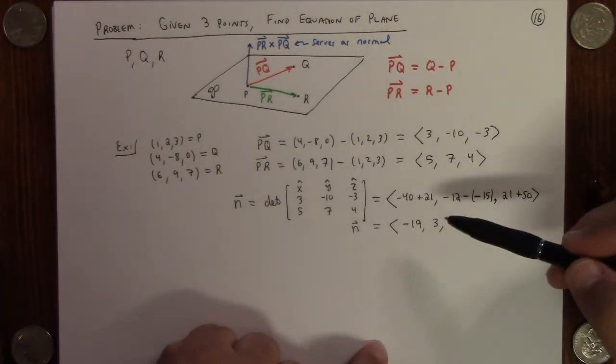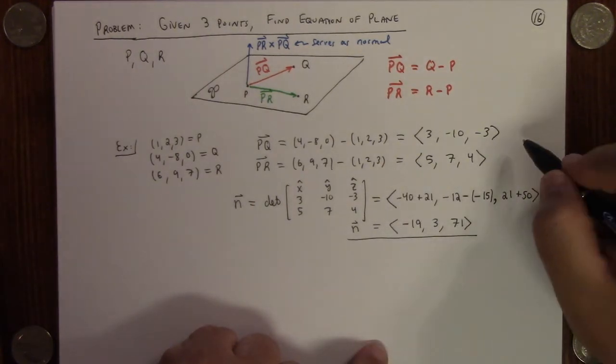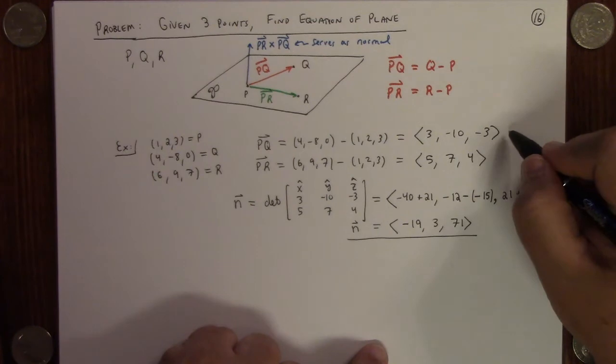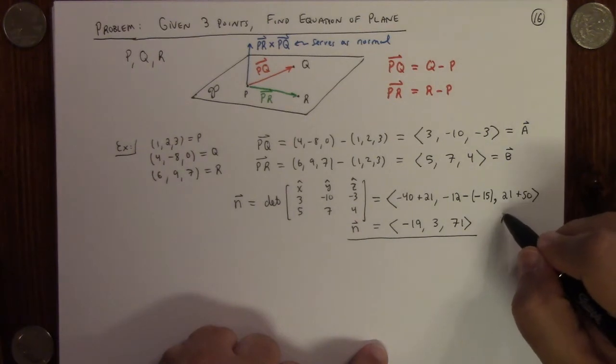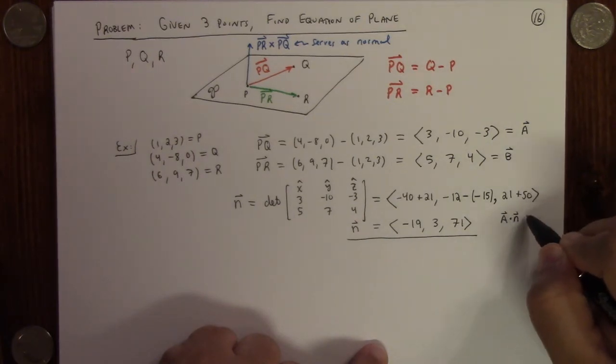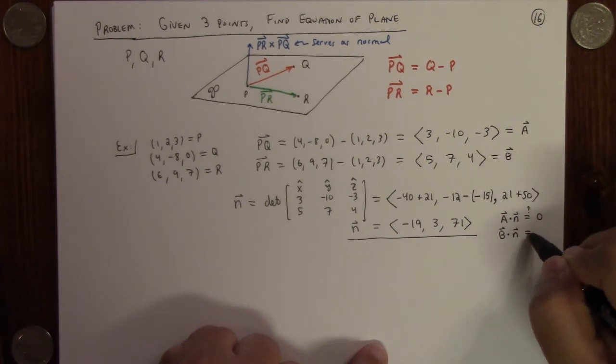Let's check it. Let's take the dot product of n with these two guys, right? For lack of imagination, I'm going to call that one A, and I'm going to call this one B. So is A dot n equal to 0? Is B dot n equal to 0? Because they should both be 0 if we did the cross product right.